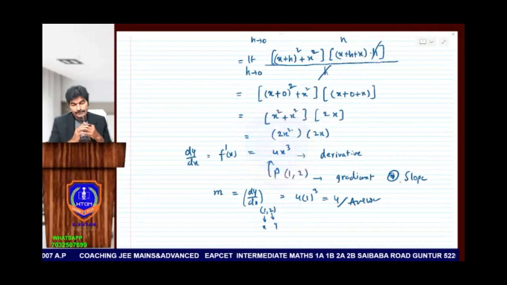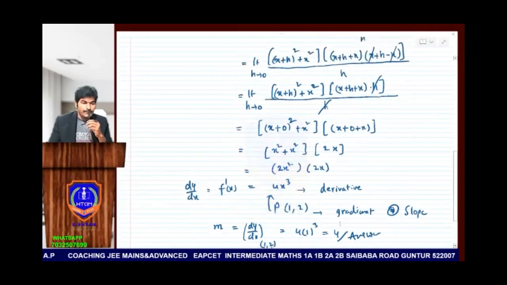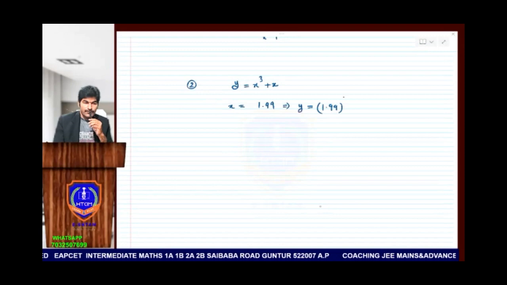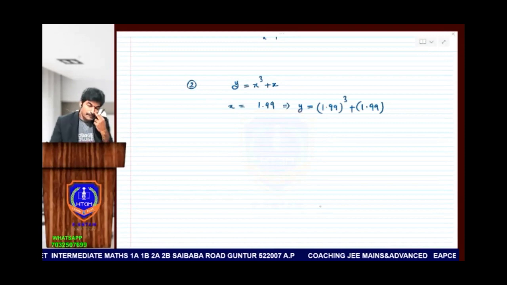Understood? Okay. So now, if x is 1.99, you have to find the value of y. It will be 1.99 whole cube plus 1.99. And then you find the average, like y2 minus y1 over x2 minus x1.